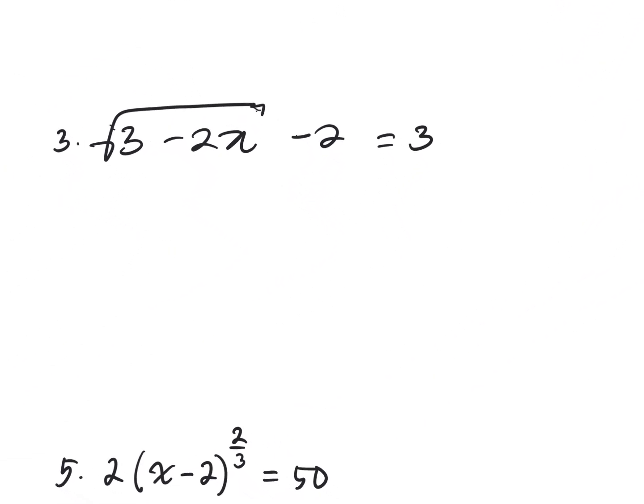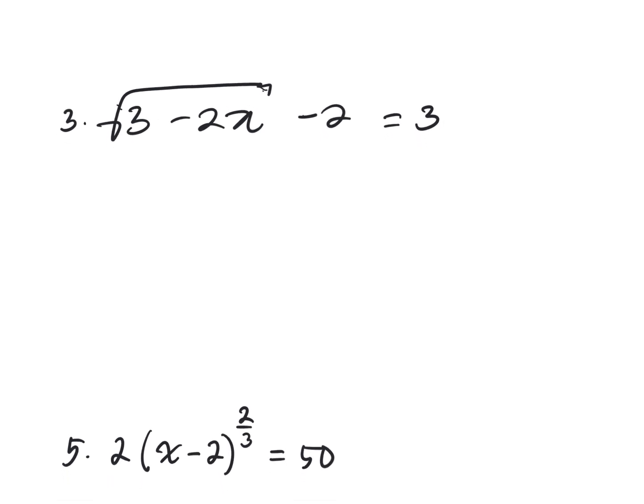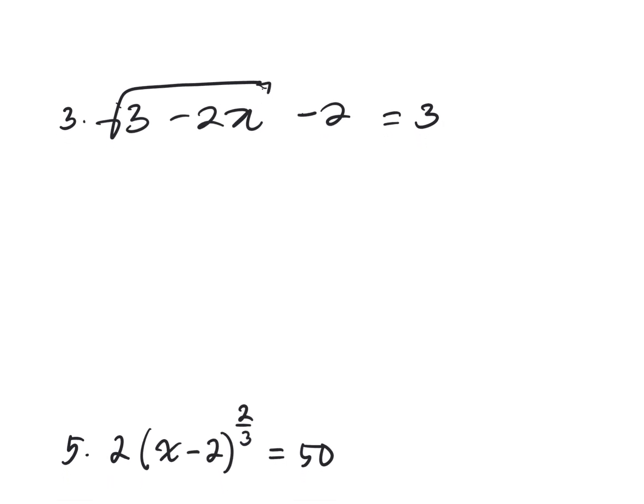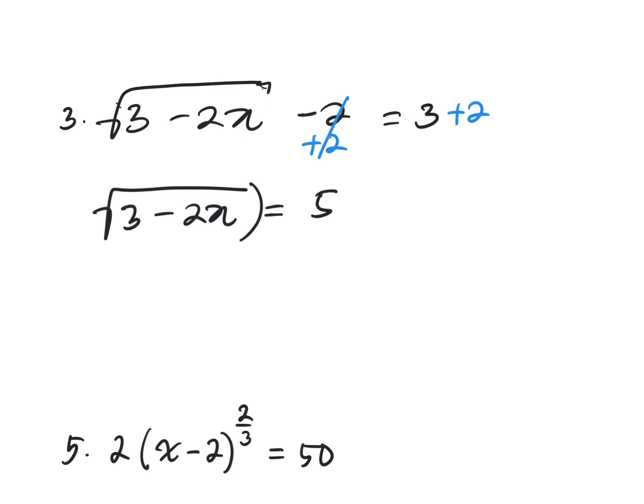Okay, let's go to number 3. The first thing we're going to do here is to add 2 on both sides. So what is left here is just going to be 3 minus 2x, the square root, is equal to 5. Then I'm going to raise both sides by square.